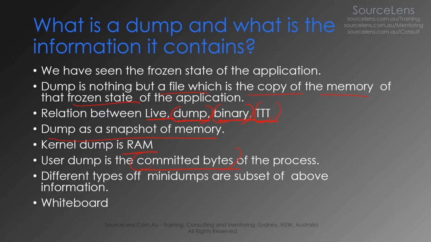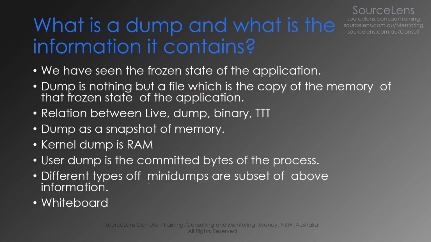Committed bytes are the bytes which a program can touch. Anything you get through VirtualAlloc, HeapAlloc, malloc, Java new, C++ new, all of those add to the committed bytes, along with the space of the global variables. Anything and everything we can touch legally is committed bytes.